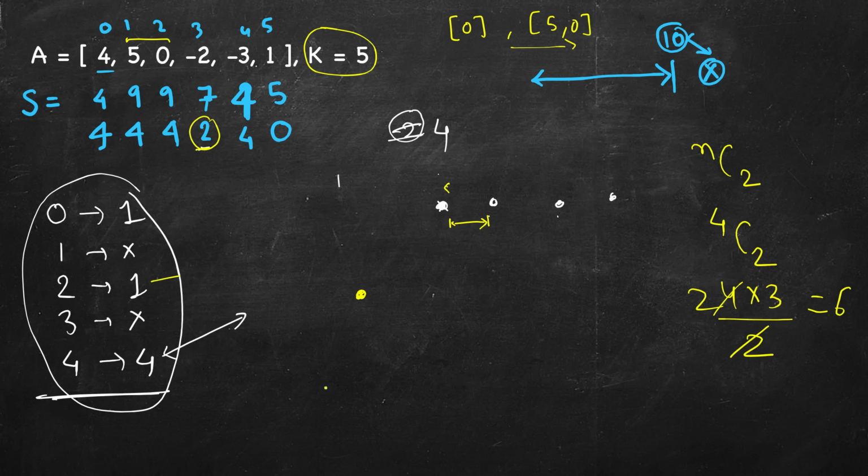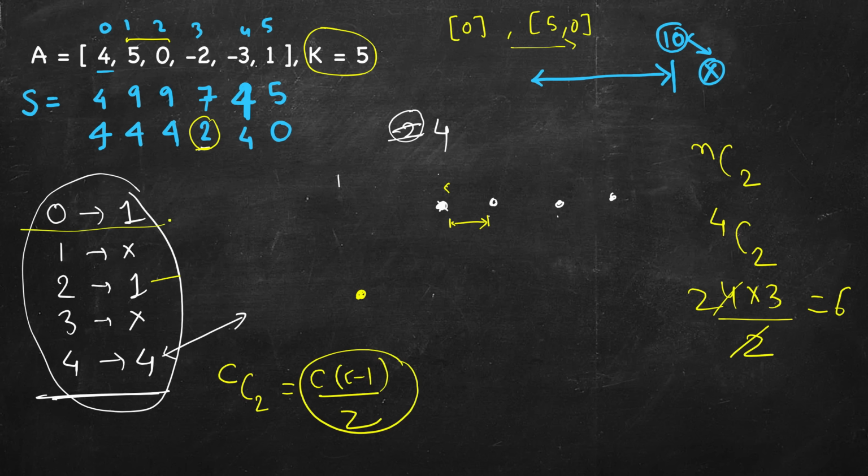Or in general, what you can say, if this count is C, then it will be C choose 2, which is C times C minus 1 by 2. So this is the formula. And we need to handle the 0 case separately. So if we have, let's say, 3 zeros, then 1 will be this, 1 will be this, and 1 will be this.